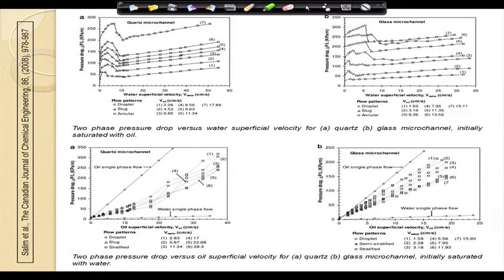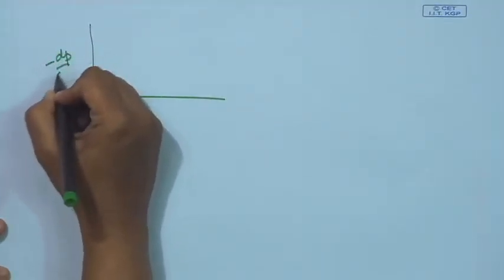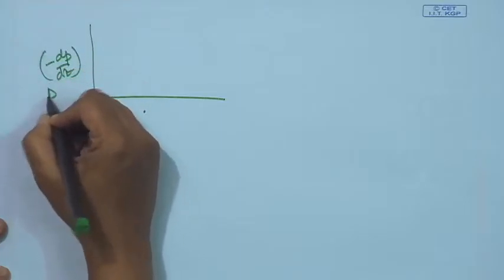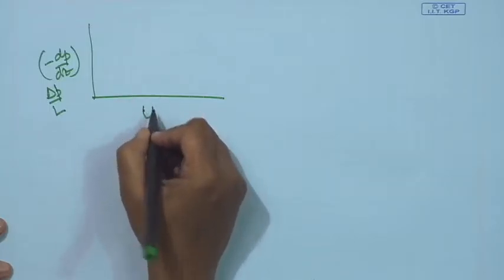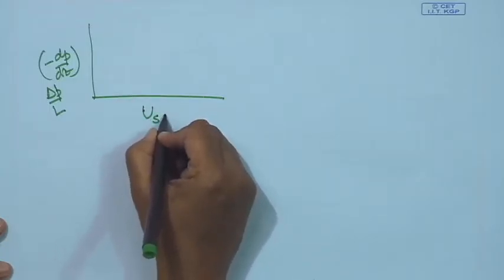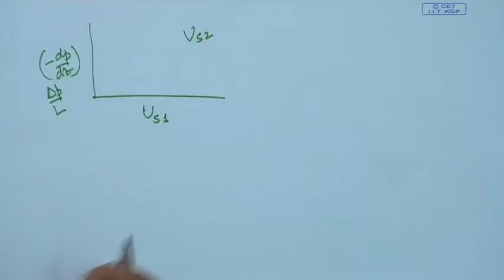Now, we will be very briefly discussing some pressure drop experimental results which have been reported in literature. Just like I had mentioned in void fraction, we find that the pressure gradient results are represented either as minus dp dz or delta p by L as a function of one particular superficial velocity, with the other superficial velocity as the parameter.